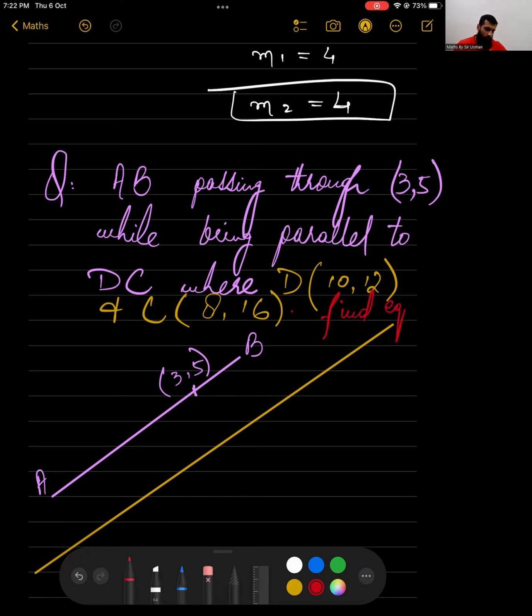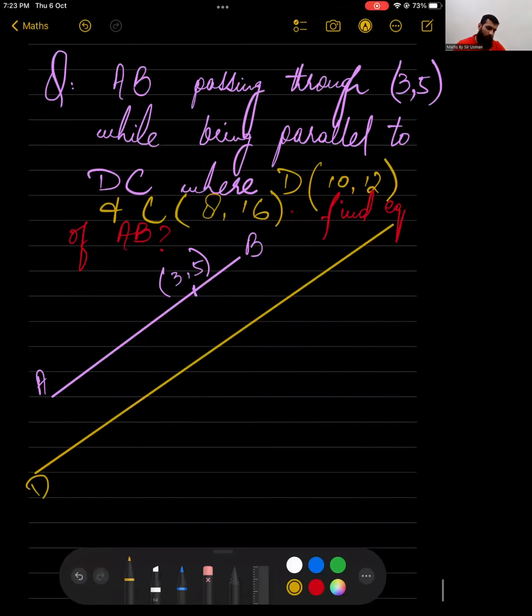So you are asked to find the equation of line AB. तो अब आप सबसे पहला काम क्या करोगे, आप line DC को यूज करोगे. You will figure out the gradient for this line. Line DC का gradient हमने figure out करना है. So it's 10,12 over here and 8,16 over there. Now you need to figure out the gradient of DC और फिर DC का gradient निकालकर मुझे बताएं कितना आ रहा है.